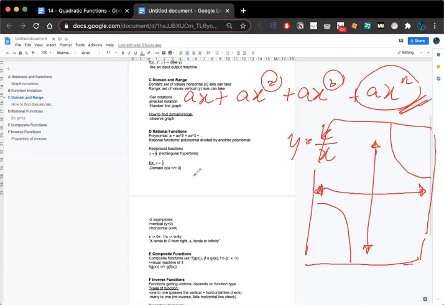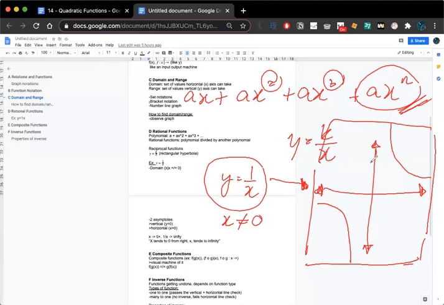To explore this function, let's just take the example of y equals 1 over x. So if you have a graph like this, this is the drawing of the graph, then we can establish that one of the properties would be the domain of this graph is any value as long as x is not equal to 0.